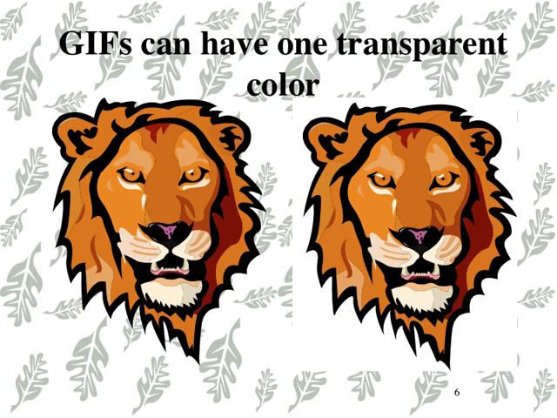GIFs can have one transparent color. So with the image on the left, around the edge of the cartoon, obviously the image itself is rectangular, but you can see through some parts of it onto the background, whereas with the one on the right, you just have that's not transparent there.